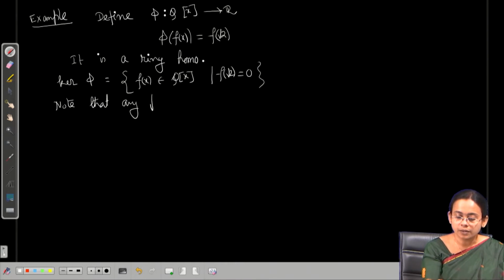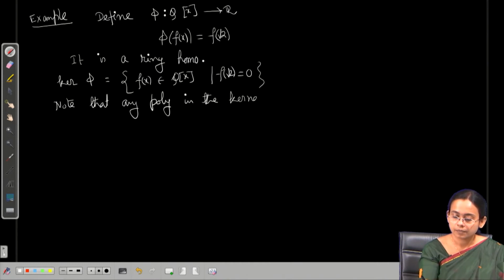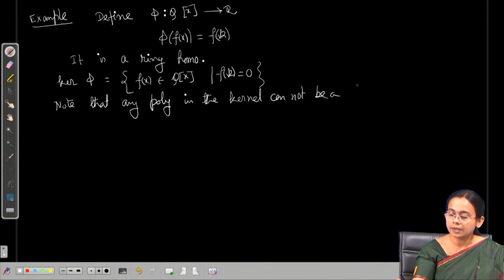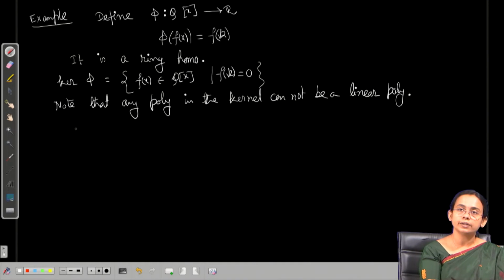Note that any polynomial in the kernel cannot be a linear polynomial. That means it has to be a polynomial of degree greater than or equal to 2. Also, I know that root 2 is a root of the polynomial x square minus 2.